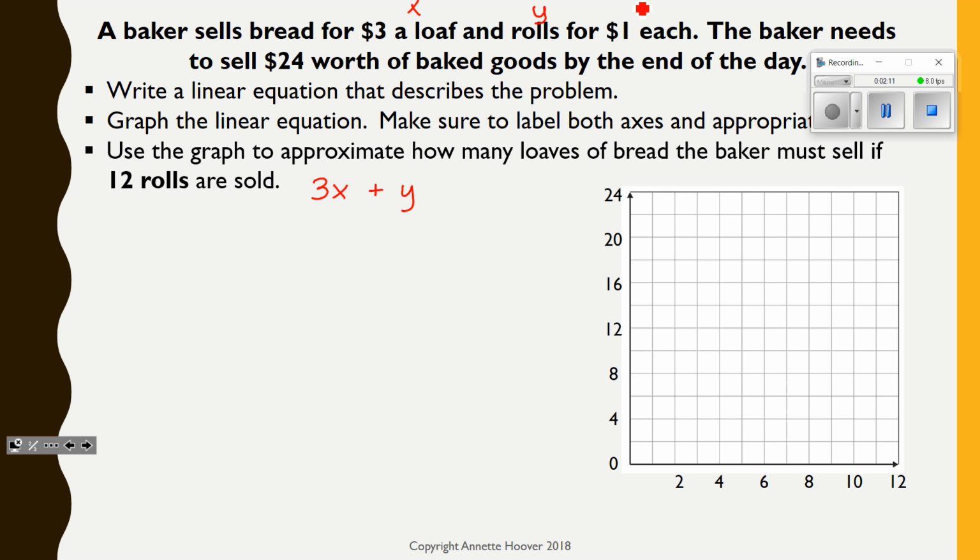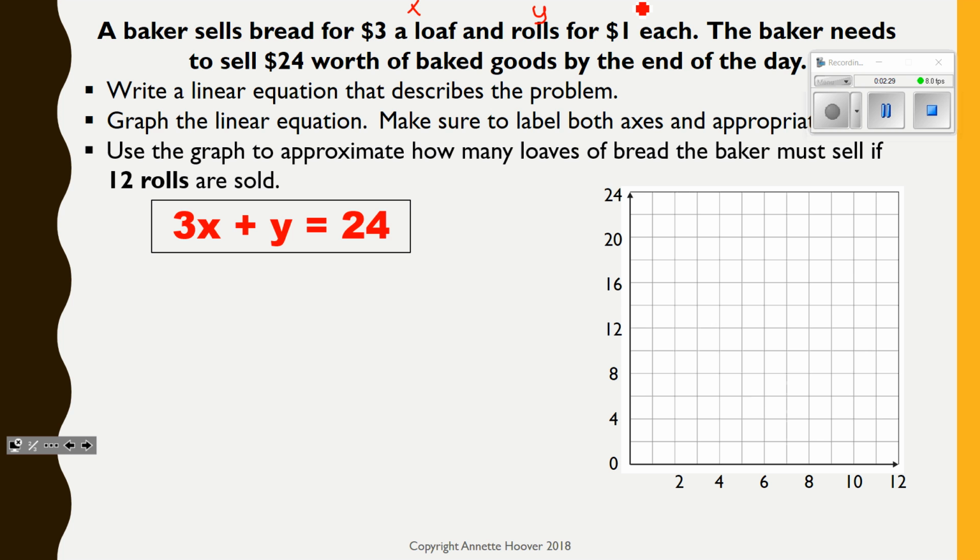The baker needs to sell $24 worth by the end of the day, so all together he needs to sell $24. So this represents $3 per loaf, $1 per roll, and then the $24 all together. So that's how we wrote our equation.